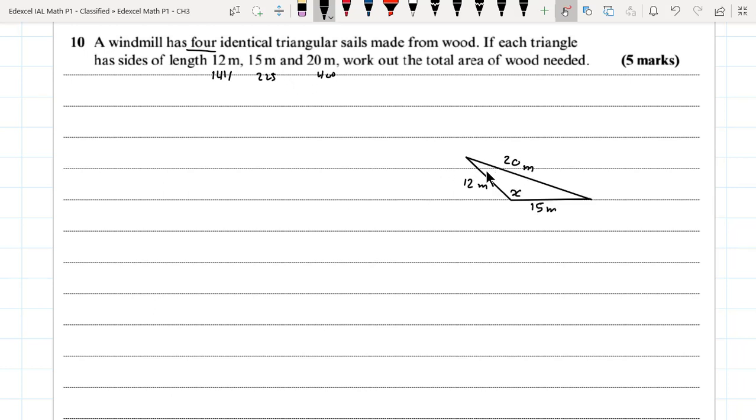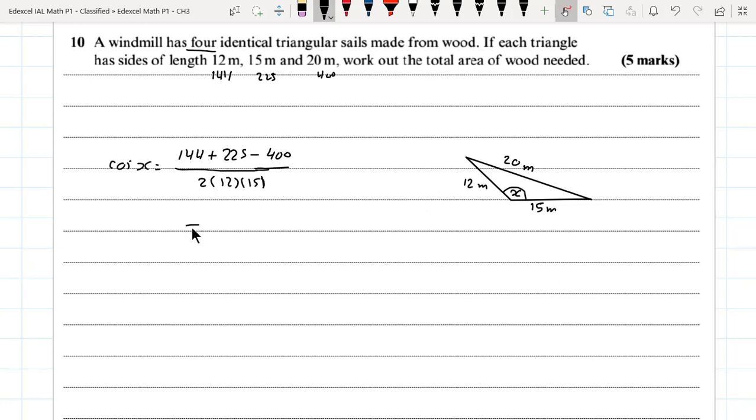To get the area of one of these triangles, we want to get the value of x. So by applying the cosine law, we can say that cosine x is equal to 12 squared, which is 144, plus 15 squared, 225, minus 20 squared, which is 400, divided by 2 times 12 times 15.